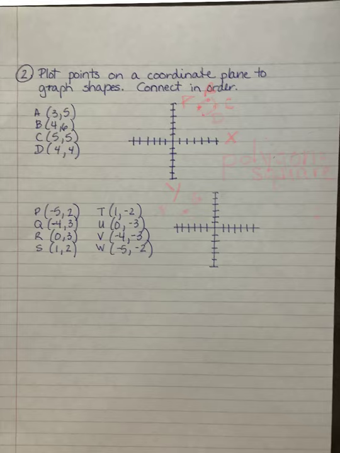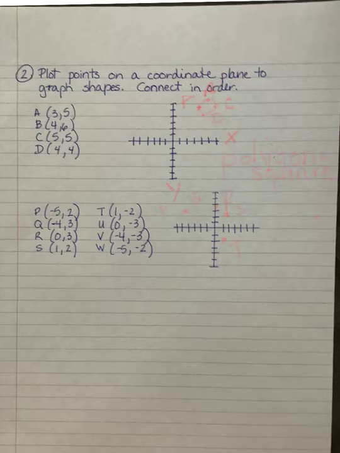R is 0, 3, so I stay at 0 for my X, and I go up 3. Here's R. S is over 1 and up 2. So that's S. T is over 1 and down 2.